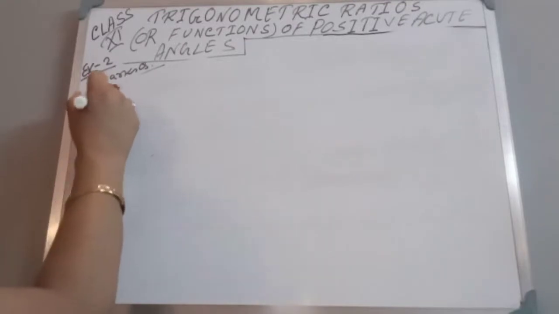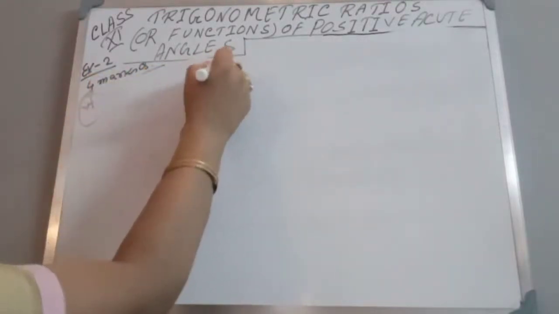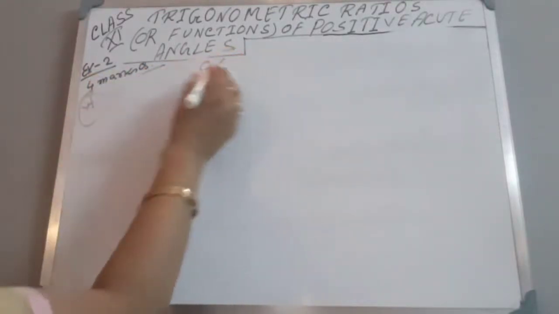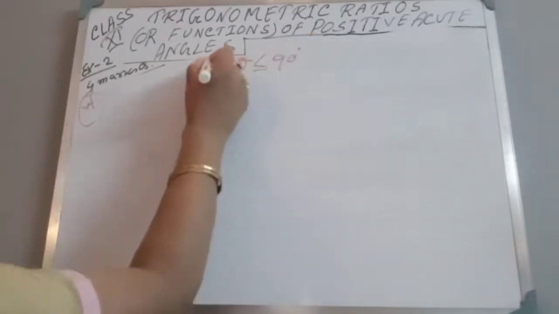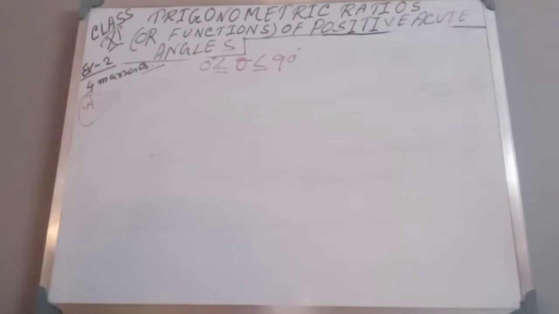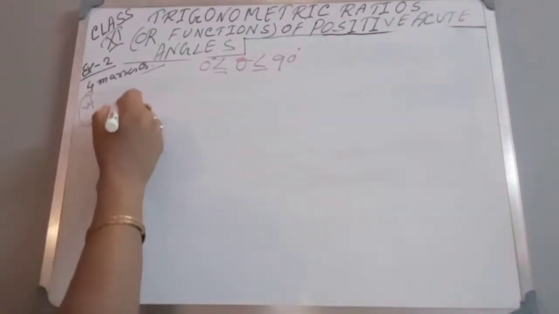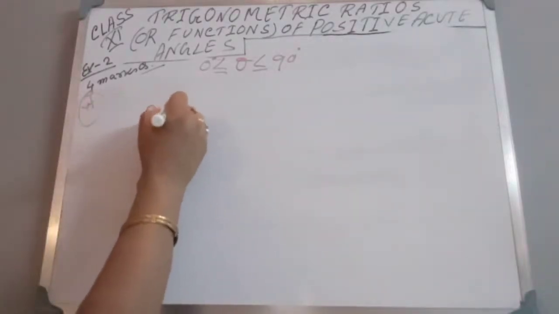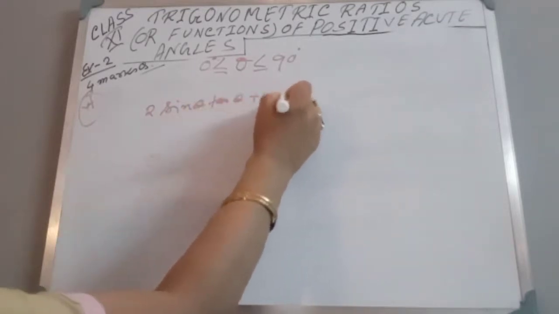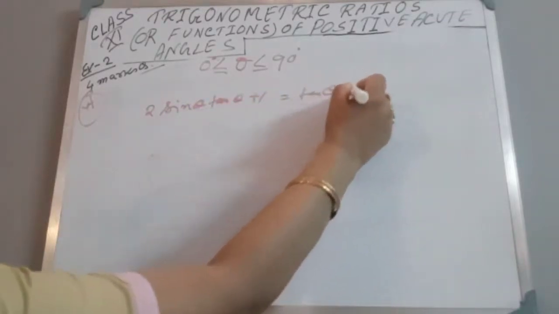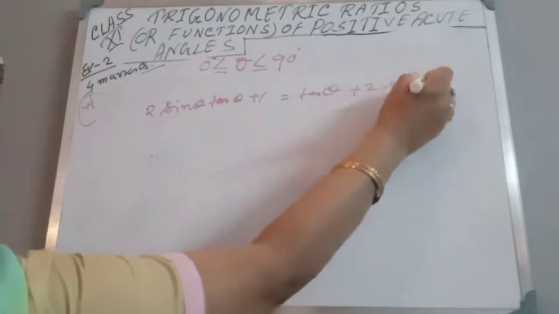Number 6, part 6. Okay, what is the question? 2 sin θ (tan θ plus 1) is equal to tan θ plus 2 sin θ.